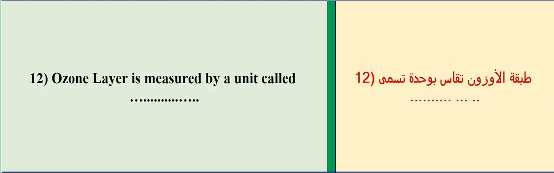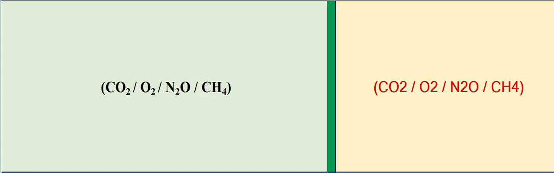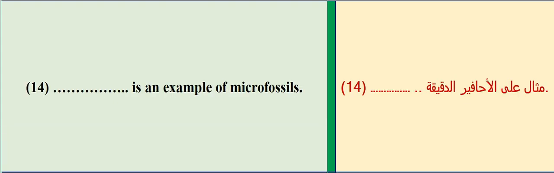12. Ozone layer is measured by a unit called km / Dobson / UV / mm3. 13. All are greenhouse gases except CO2 / O2 / N2O / CH4. 14.